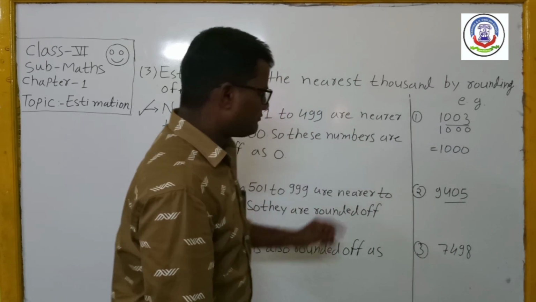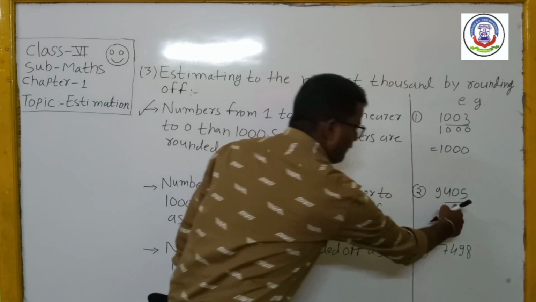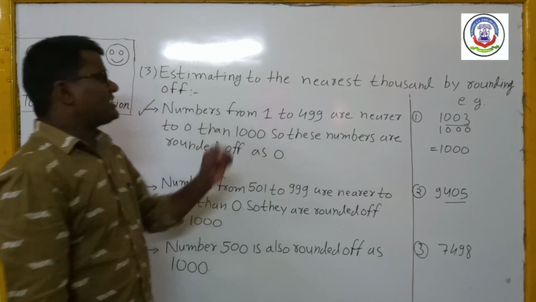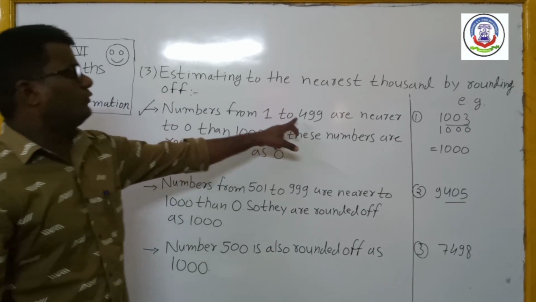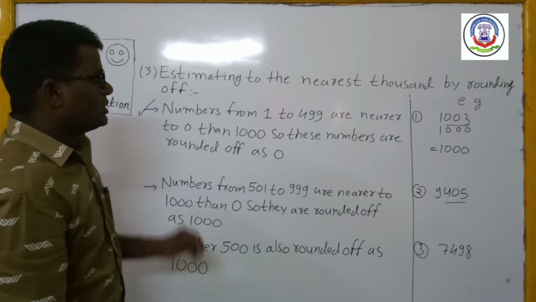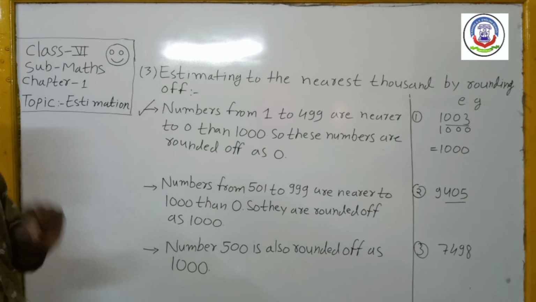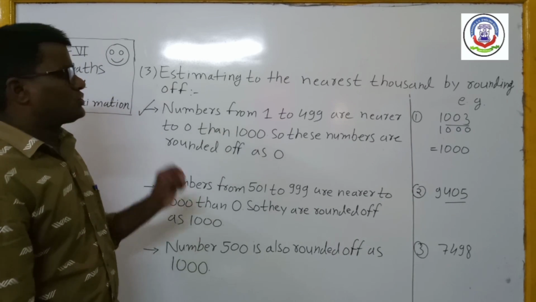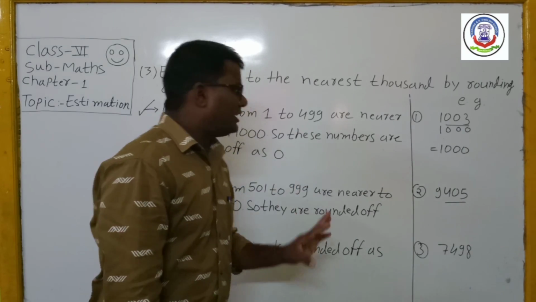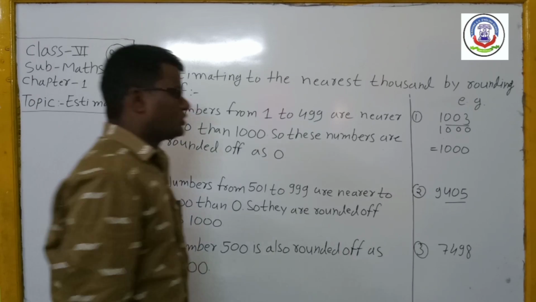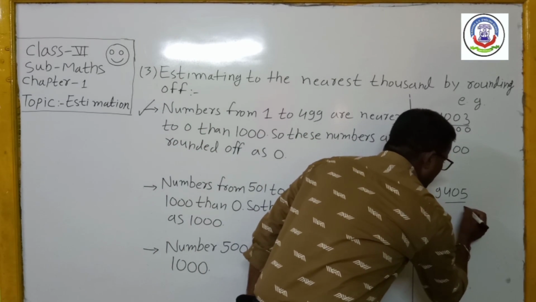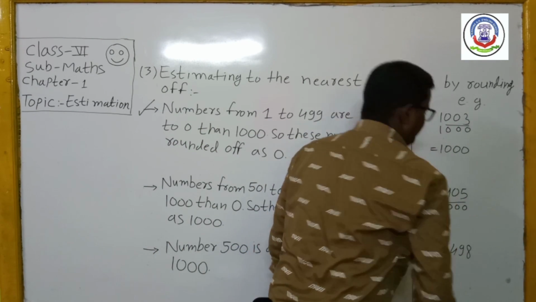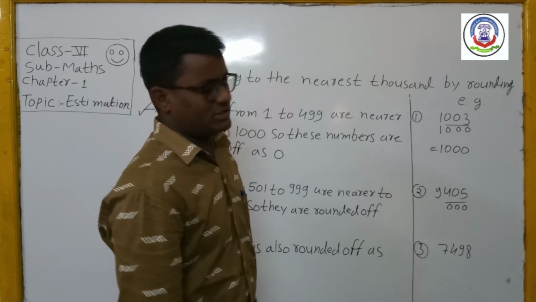Now you see, 405 lies between 1 to 499, so this is nearer to 0 than 1000. So these numbers are rounded off as 0, and I will write 0 0 0 below these digits.